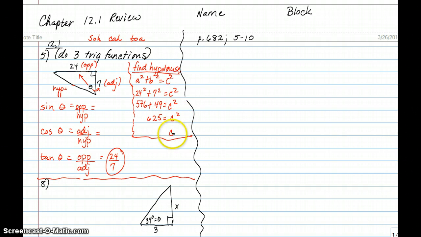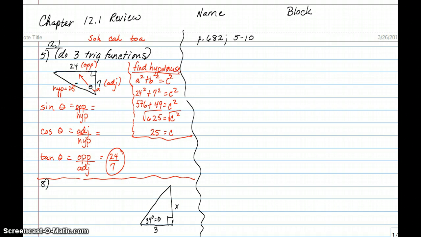Now you need C, so you take the square root of C squared to get C. If you do something to one side, you have to do it to both. Square root of 625 is going to be 25. So our hypotenuse is 25.